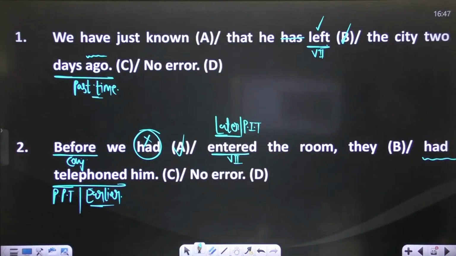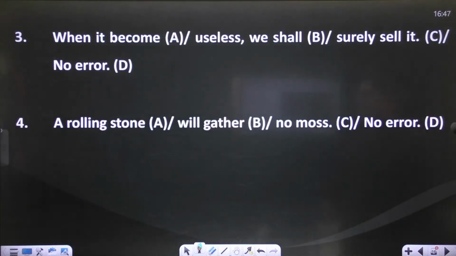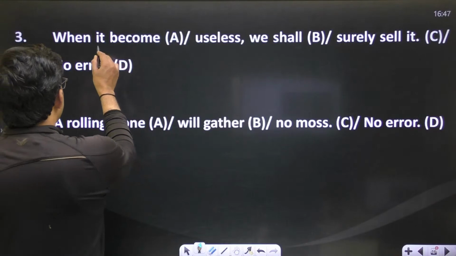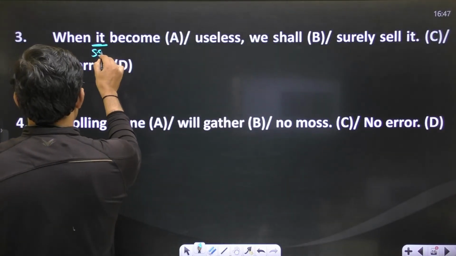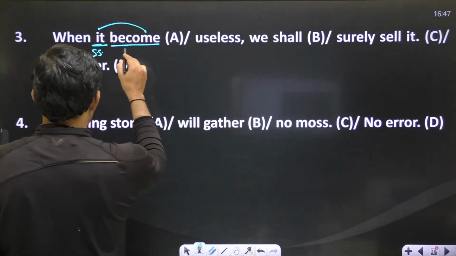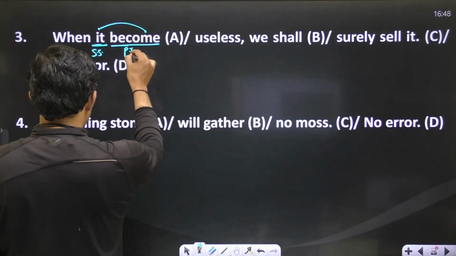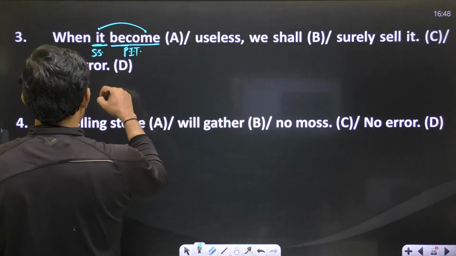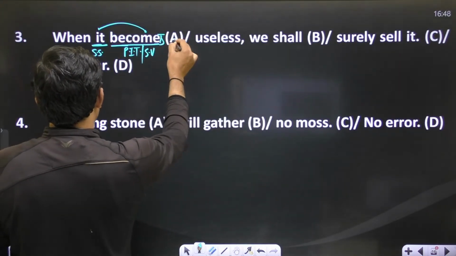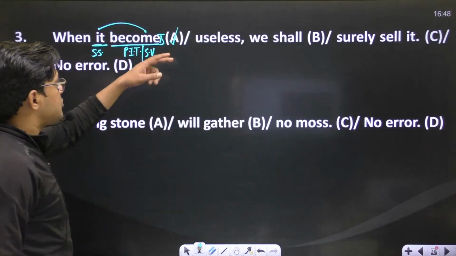Okay, let us move to the next sentence. When it became useless, we shall surely sell it. Okay, it is quite easy. This "it" is a singular subject. It demands present indefinite in the subordinate clause, and to make it present indefinite, this singular subject demands a singular verb. Use "becomes": when it becomes useless.